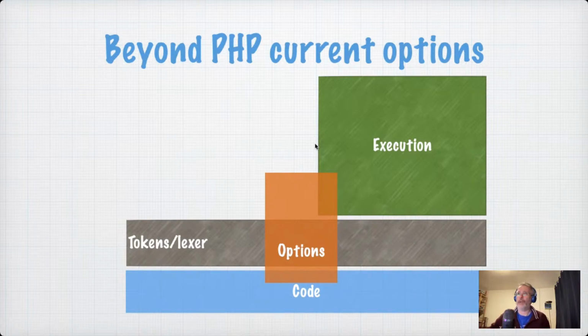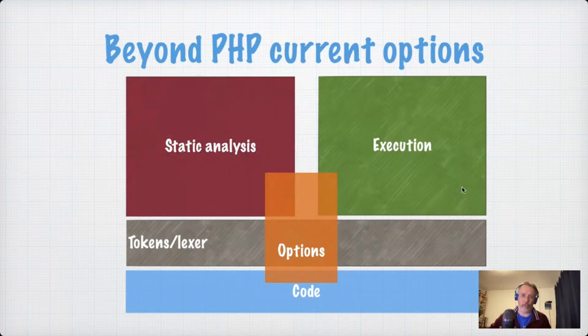And something else that we have is, of course, static analysis tools. Most of those options are very good for static analysis tools to grab, understand what we want to do with the code, and apply specific rules.